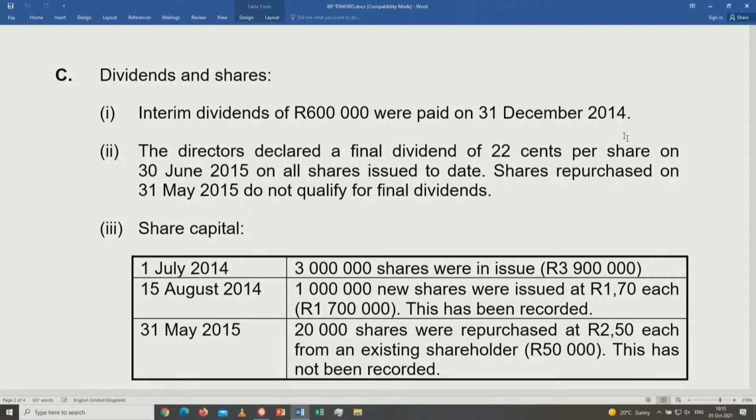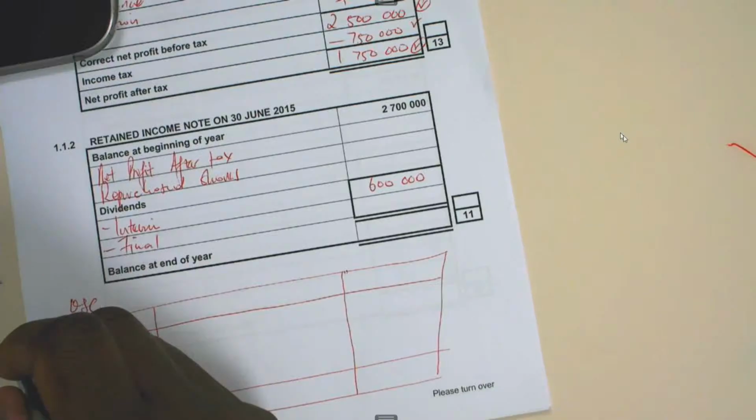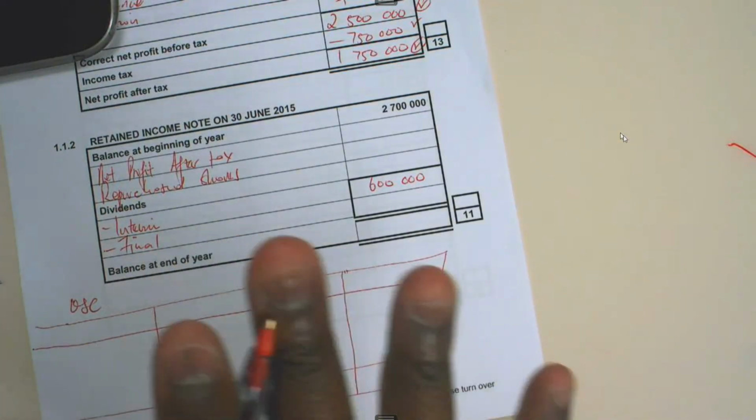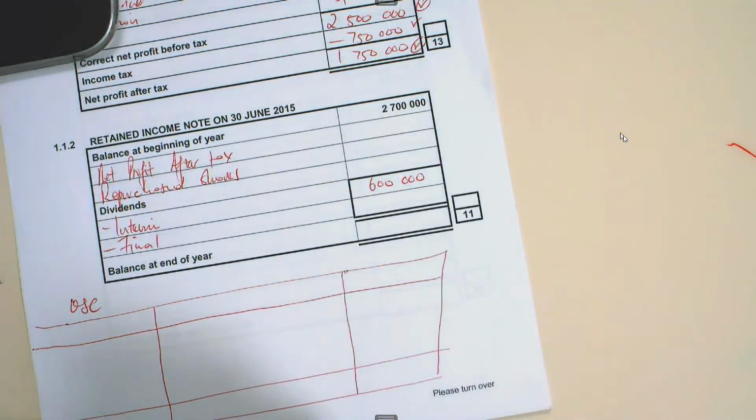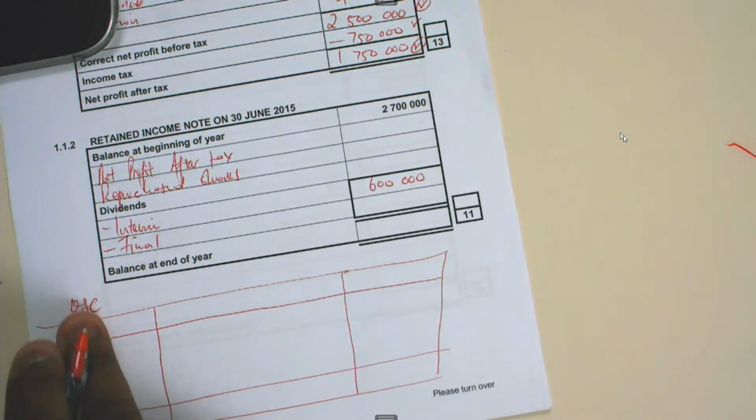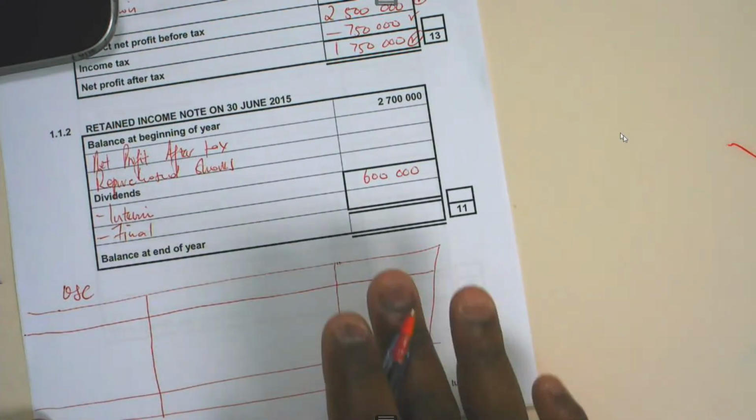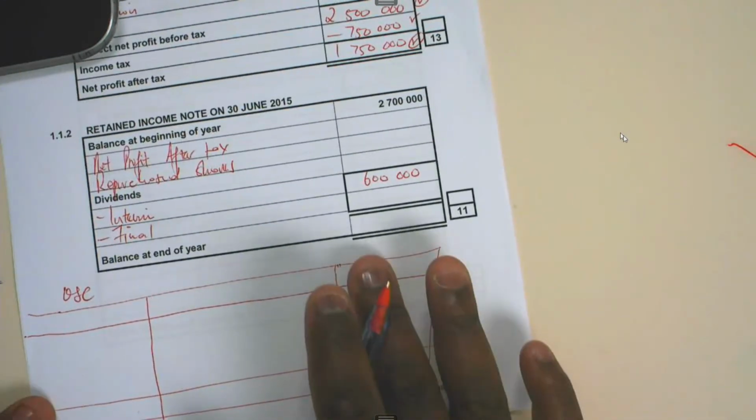It says there, on 1 July 2014, the 3 million shares were in issue, and then the value is 3.9 million. That is at the beginning of our financial year. Remember, the first column of your note number 7 is where you record the number of shares, and then the last column is the value.